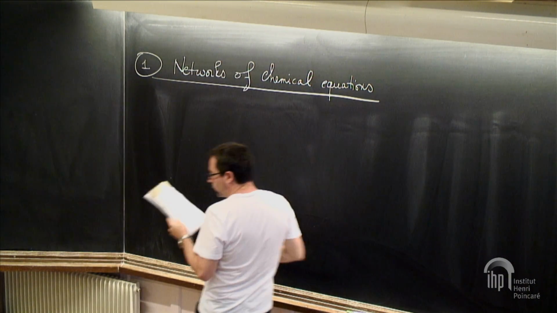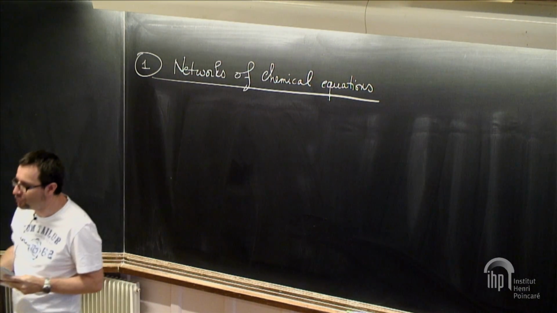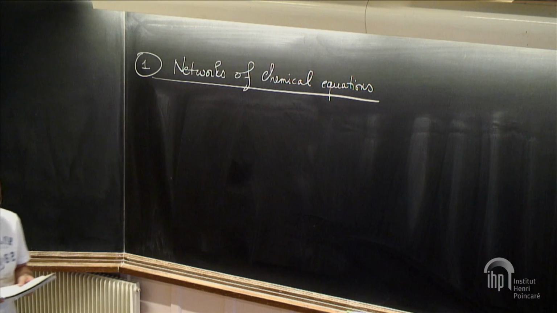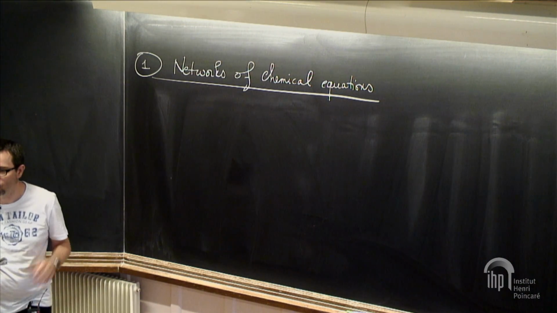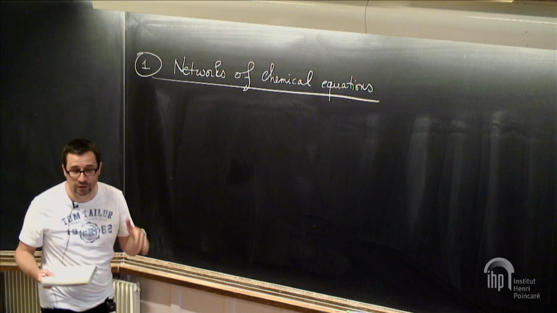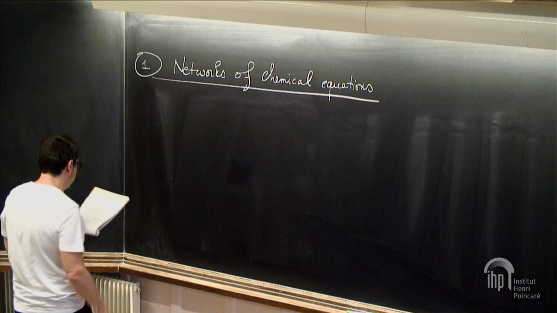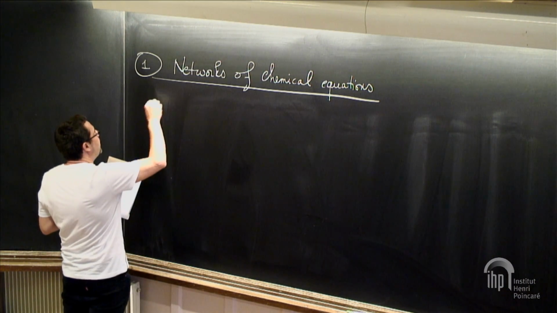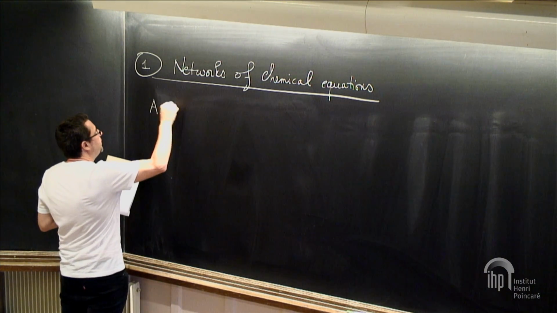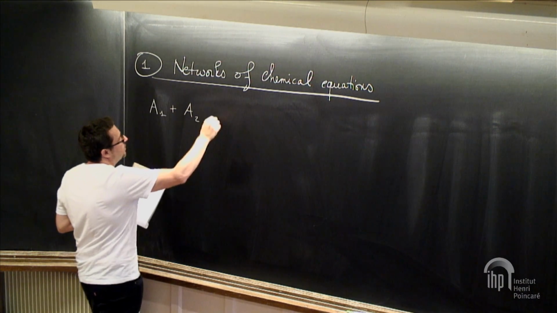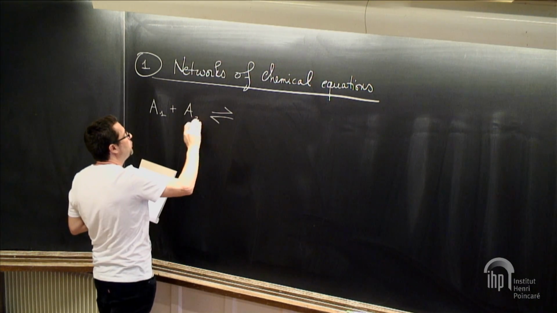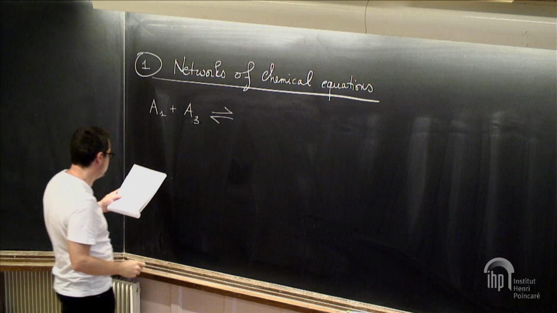And before giving some kind of definition, I want to present 2 specific examples, which are the examples which will be treated during those 3 sessions. So the first one is maybe the most standard situation that we have in chemistry.